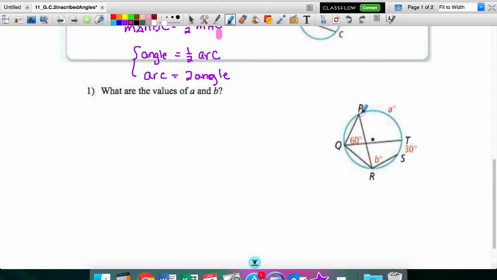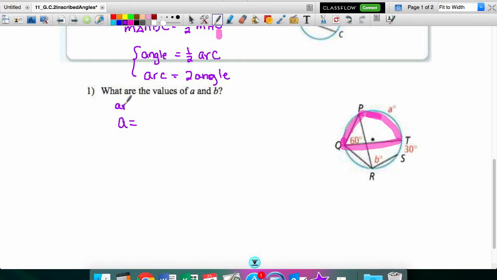So it looks like the arc A is actually the arc PT. And if I look at this arc, I notice that it goes with the inscribed angle PQT. And I know the value of PQT. It's 60 degrees. So if I want to find A, which is the arc, it's going to be twice the angle.